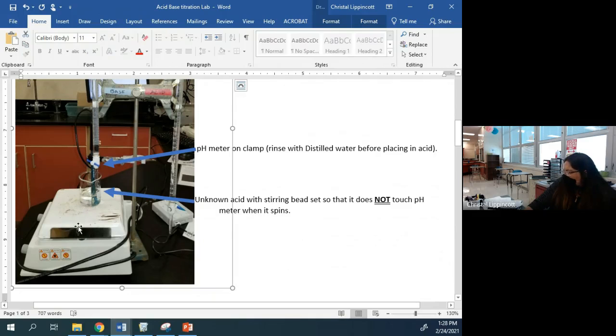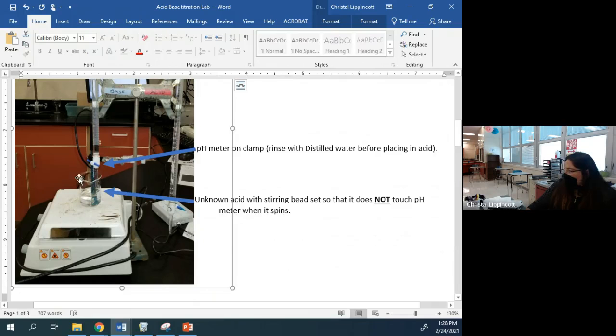What you're using this for is the magnetic stir plate. So instead of swirling this, you're going to have a bead that goes around inside and stirs it for you. That makes sure that when you're adding in this base, it gets distributed properly so that the pH probe picks up the proper pH value.